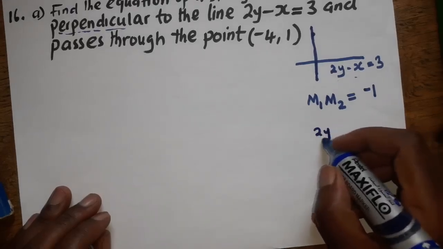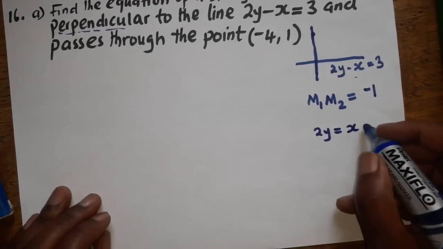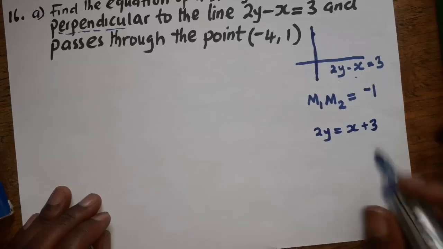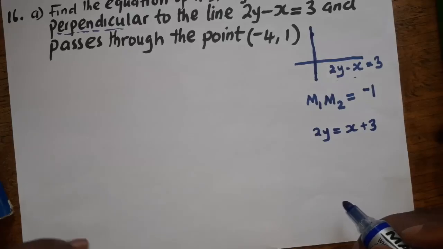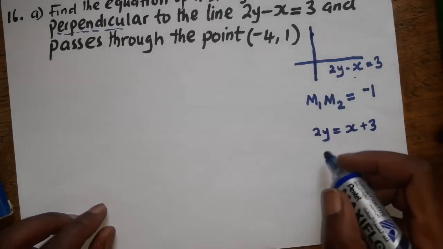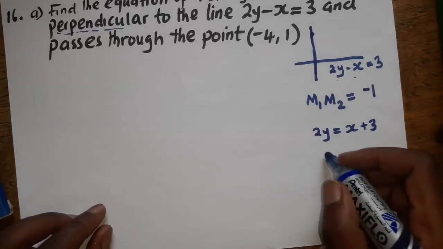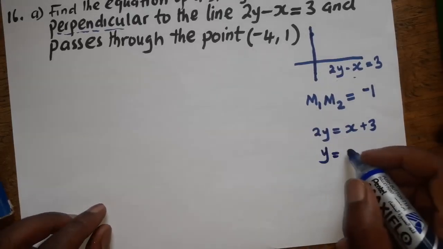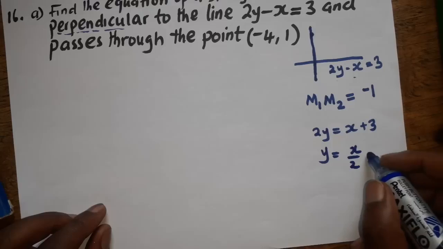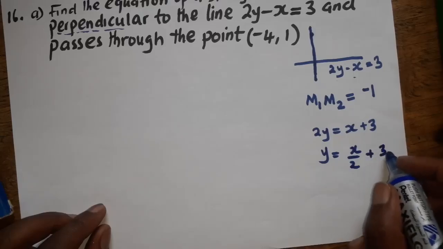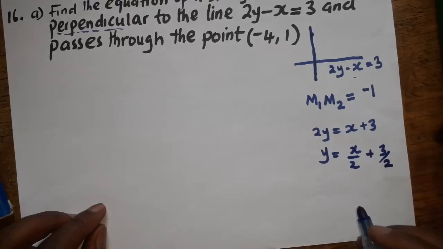We need to make y the subject of the formula. So we have 2y equals x plus 3. Now remember, we need to make y the subject, so we divide throughout by 2. We have y equals x divided by 2 plus 3 divided by 2.